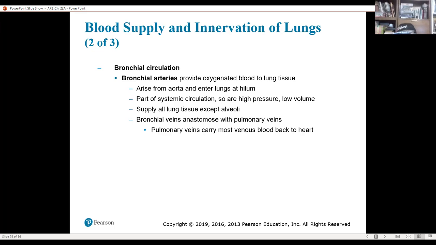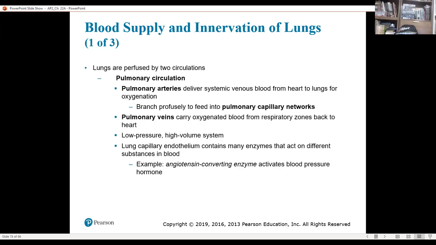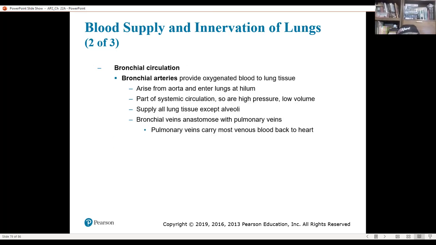So, bronchial arteries send oxygenated blood to lung tissue. Do you remember we talked about the cardiac arteries supplying oxygen to the heart, and the vasa vasorum, the vessels of the vessel, supplying oxygenated blood to the blood vessels that are carrying blood? This is the same deal. We have the pulmonary circulation moving the blood through the lungs to pick up oxygen.